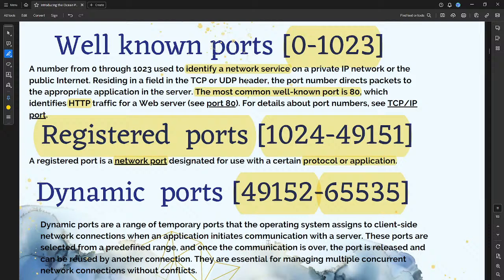So what is the road here? The road is the TCP/IP, what is known as Transmission Control Protocol Internet Protocol. That is the road. Now, the vehicles are what? The vehicles are the port numbers.